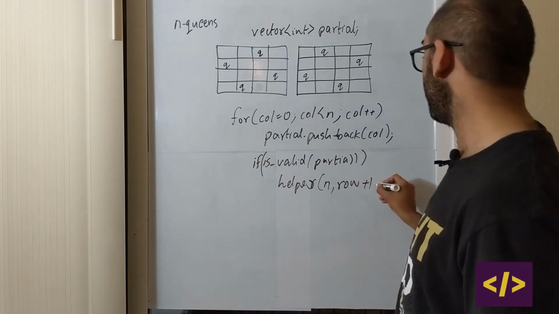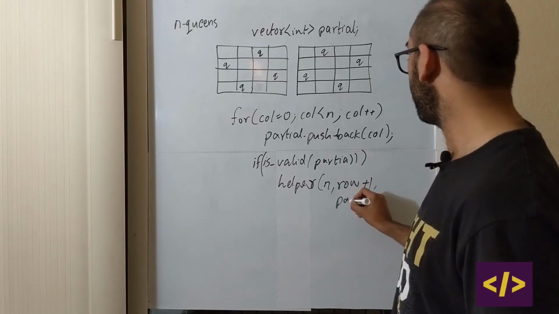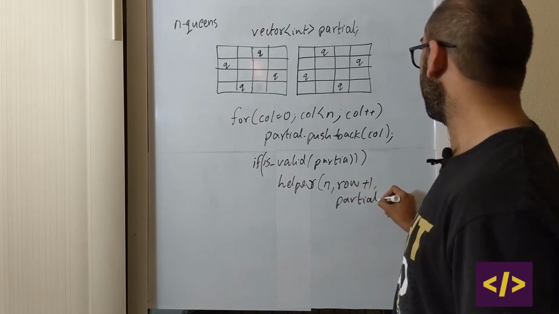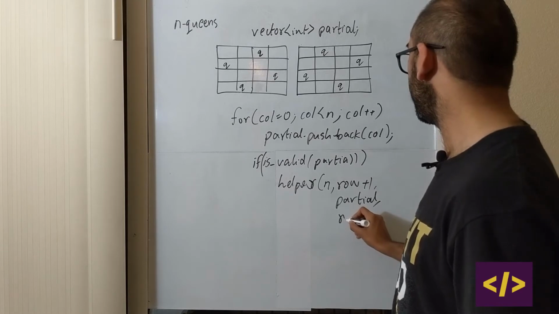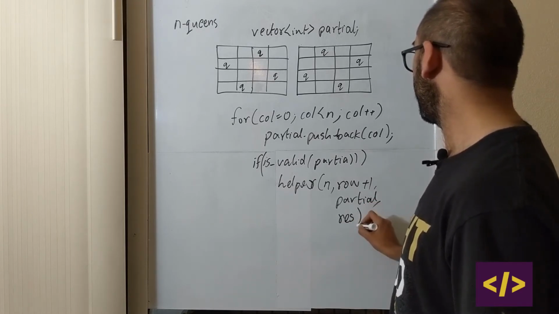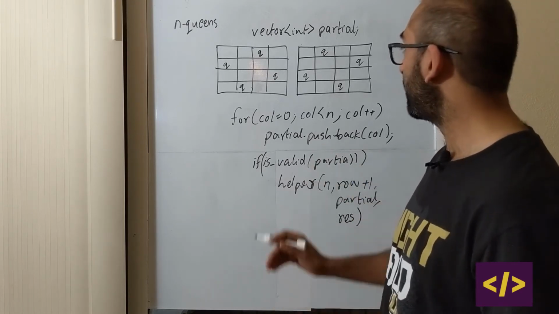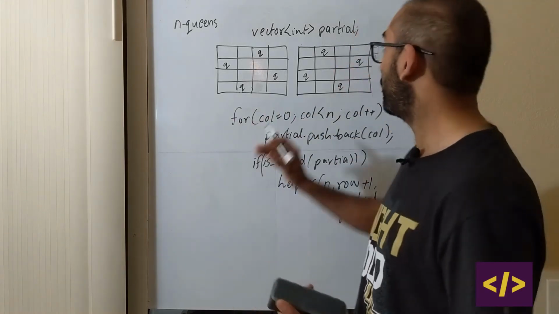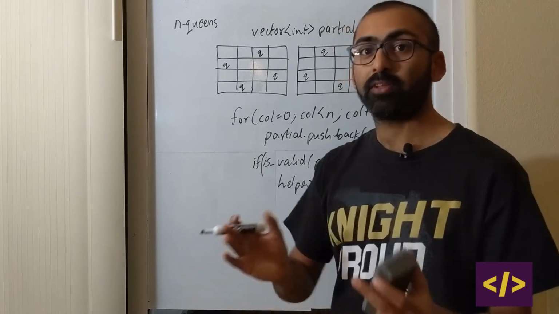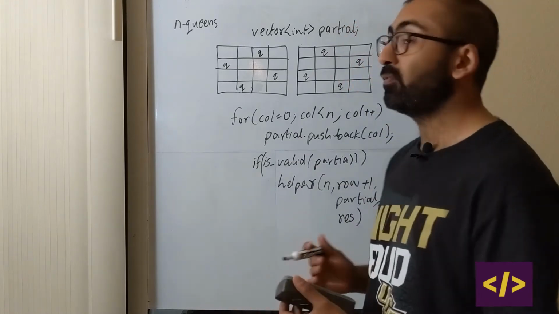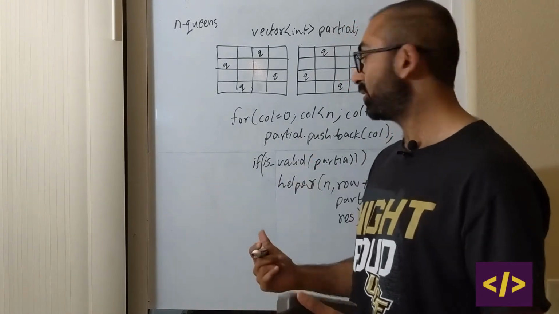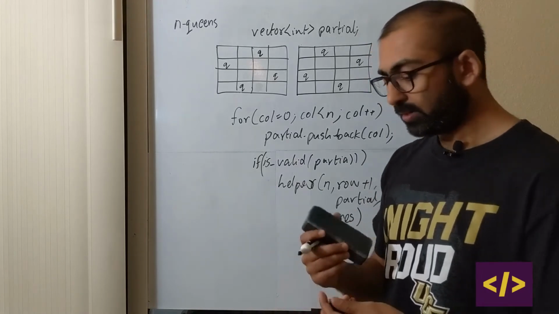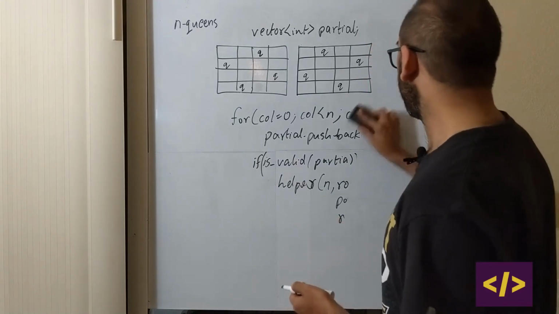So row plus 1, we're going to send in the partial, and we're going to have a result array. Now the result array will be all of the solutions, right? So at some point partial will get filled with 4 values, and then we're going to push that into the result. So now those parts are kind of easy to understand.